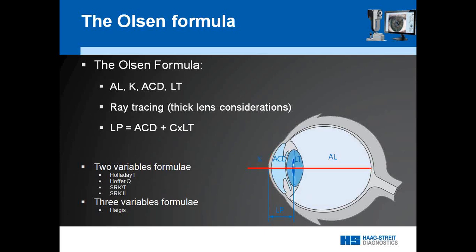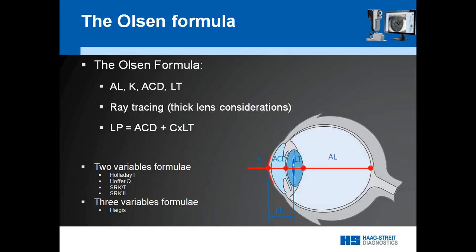All the other formulae are so-called thin lens formulae, so they assume every refractive surface of the eye to be infinitely thin, and they only calculate in principal planes. That's why all the other formulae talk about an effective lens position, this virtual position of the effective lens plane.